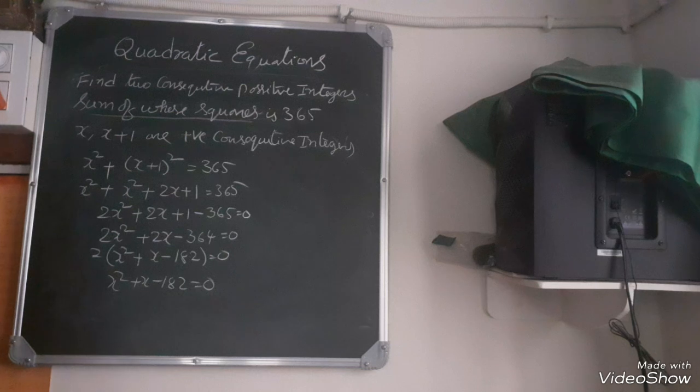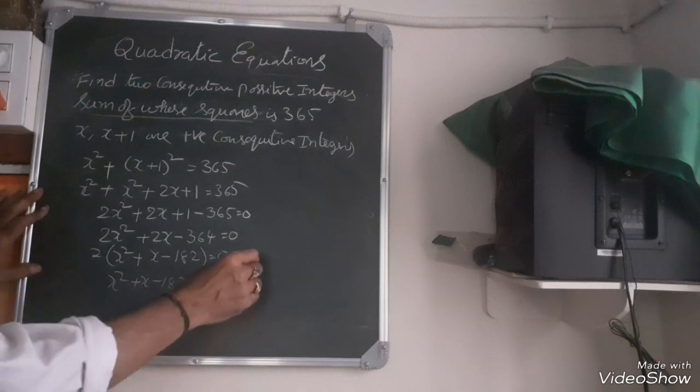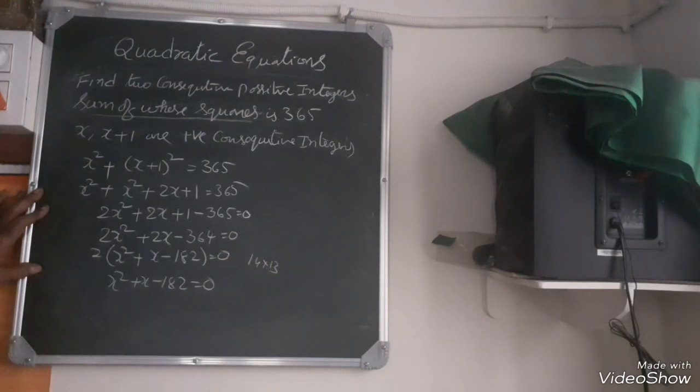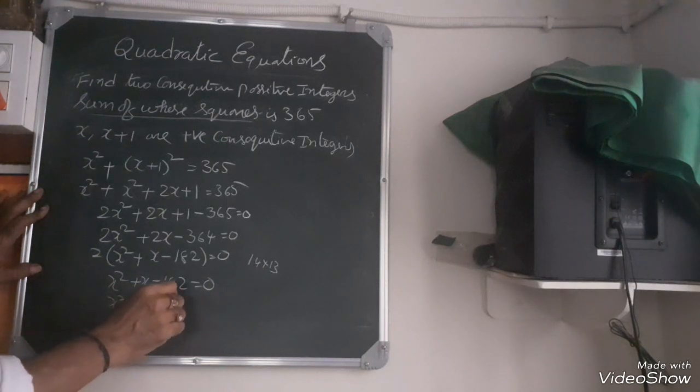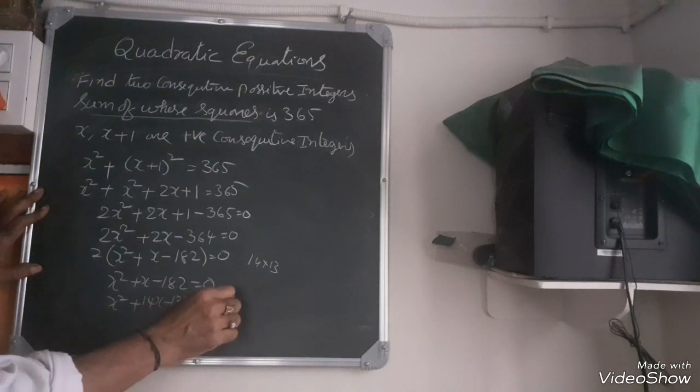Now factorize it. So 182 factors, by subtracting we have to get the coefficient of x, 1 here. So the same factors we can take, 14 into 13. So you write here x square plus 14x minus 13x minus 182 equal to 0.